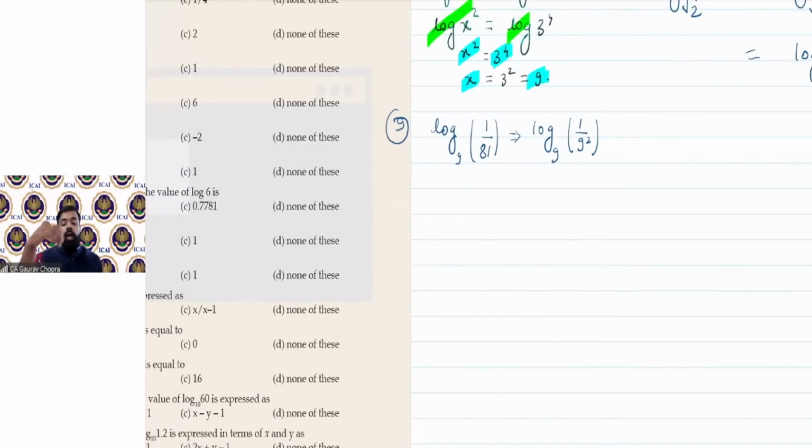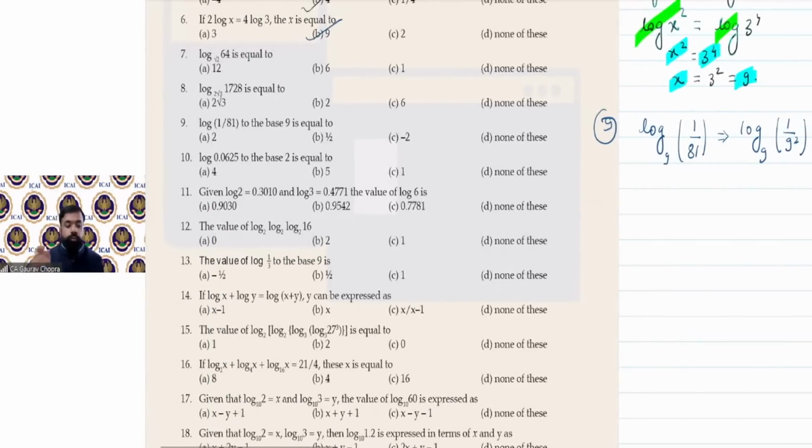If we take 9 upward, the power will become negative. So log of 9 to the power of minus 2, base 9. Now the power will jump forward. So minus 2 into 1 will give minus 2. Option number C is correct. All right.